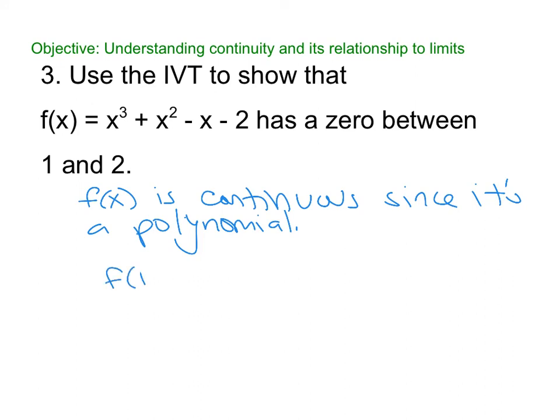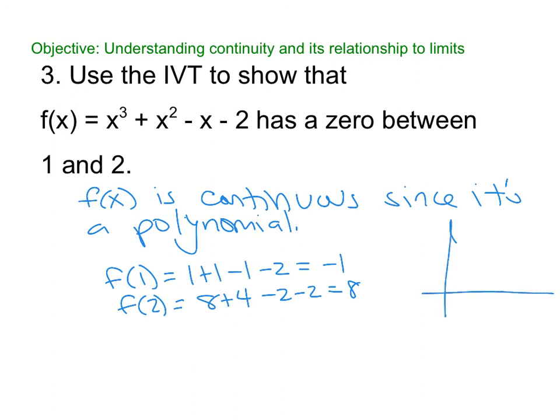f of 1 equals 1 plus 1 minus 1 minus 2, which equals -1. f of 2 is 8 plus 4 minus 2 minus 2, which equals 8. So our y values are -1 and 8. Does this function have to have a 0? Well, yeah.